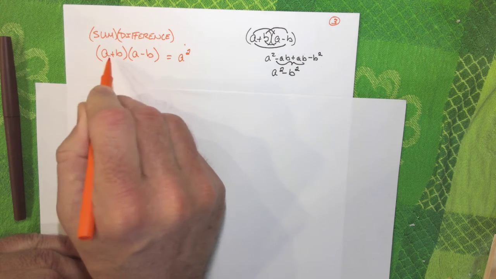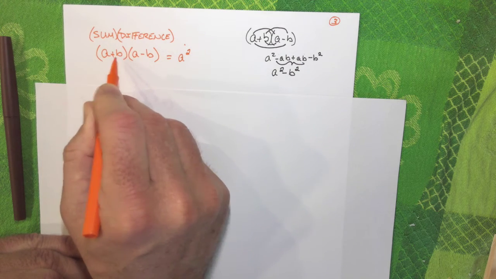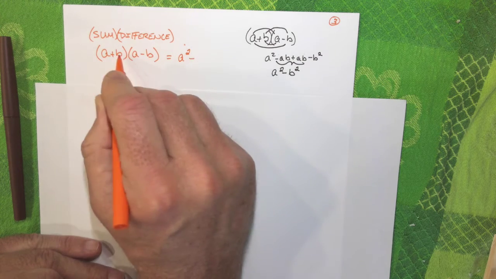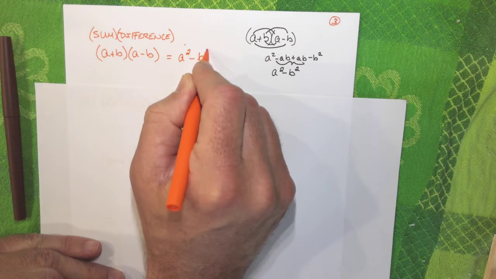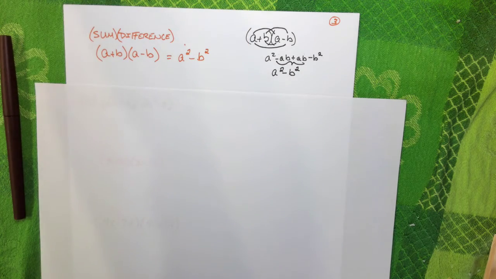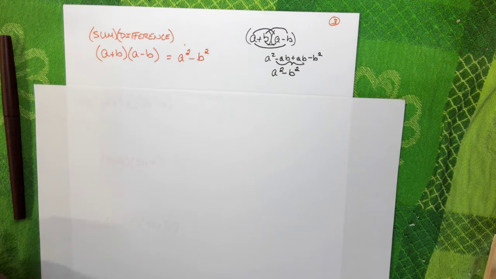Inners and outers will cancel each other out if this is true. And then say minus the last term, which is b squared. A shortcut. Inners and outers of FOIL will not have to be done if we recognize that.